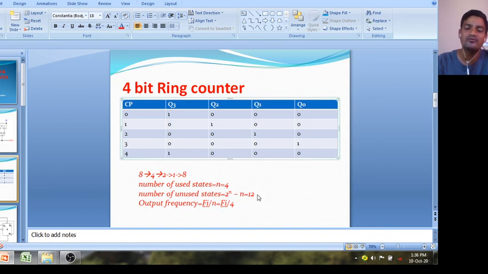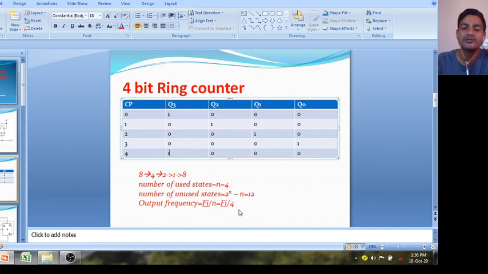So it is equal to what? 12. Right? And output frequency. Output frequency is nothing but input frequency divided by number of used states. Okay. What is the number of used states? 4. So output frequency will be Fi upon 4.